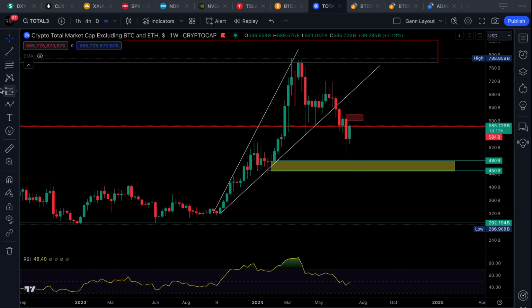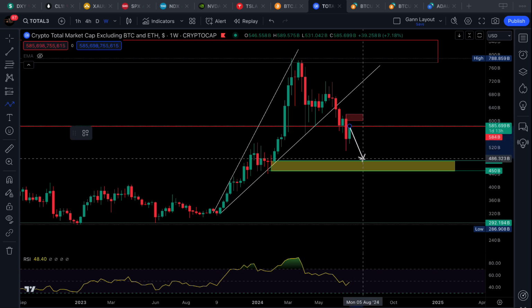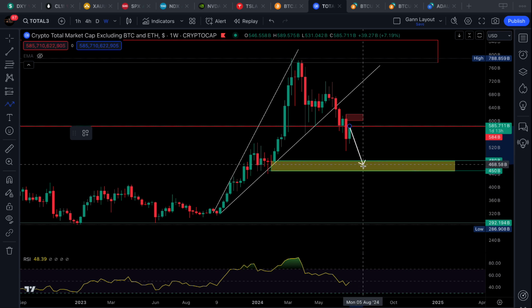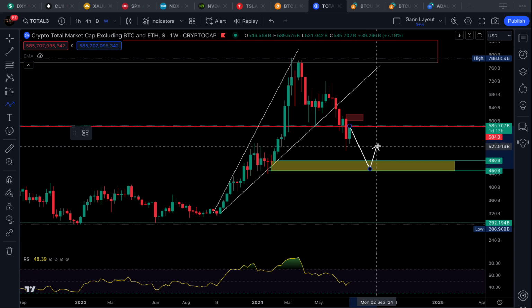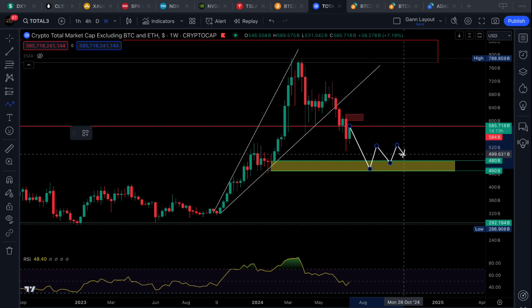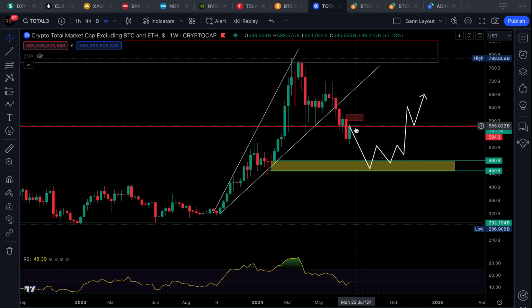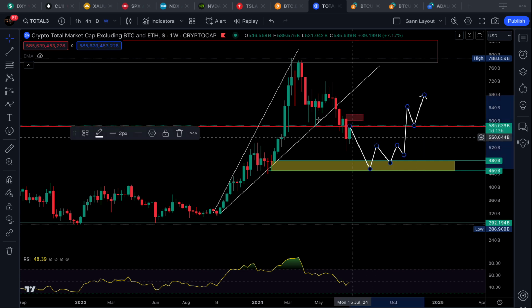And you go with the trend. It means that odds are that it will fail and move lower to my target between 450 to 480 billion, okay? If it gets above 585, it's bullish and maybe we will have an altcoin season.